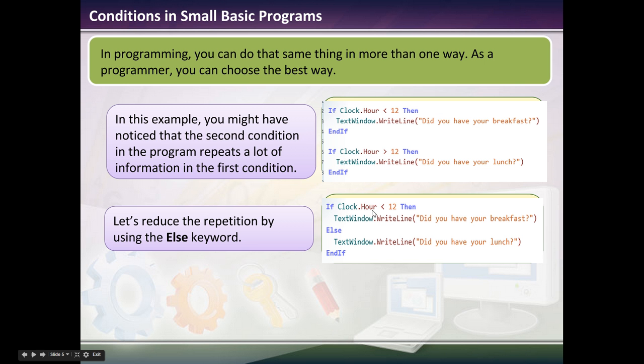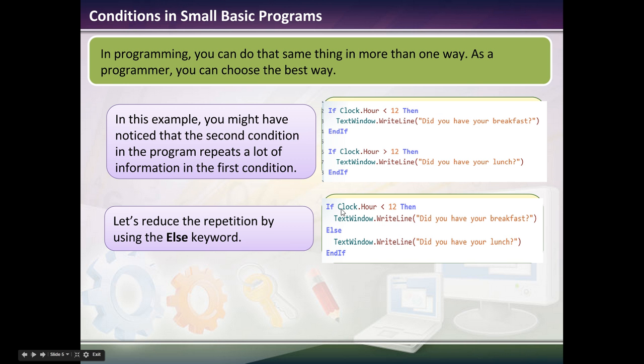If the clock hour is less than 12, then you print the following line, did you have breakfast? But if this first statement isn't true, then I could carry out the second statement, right? Because if it's not less than 12, then the opposite of that would be that it's greater than 12. So both of these programs do the exact same thing, but this one is a little less work.